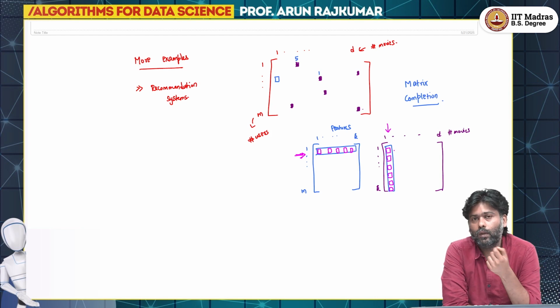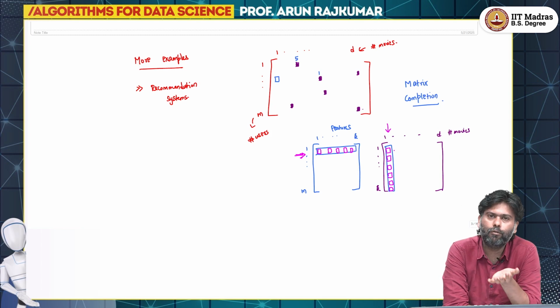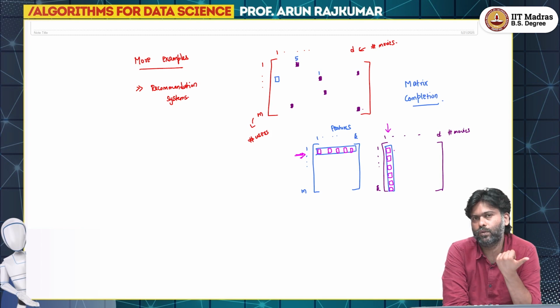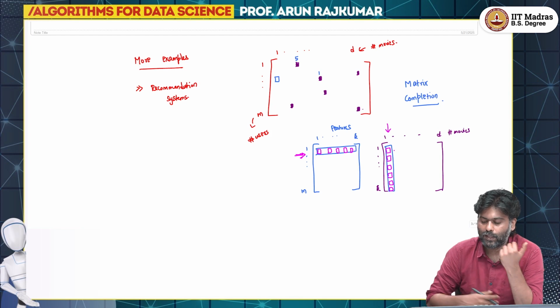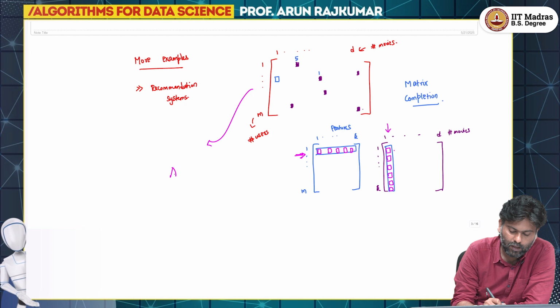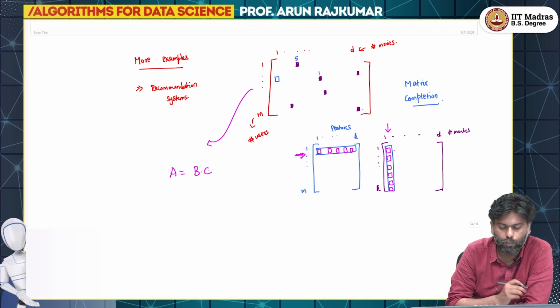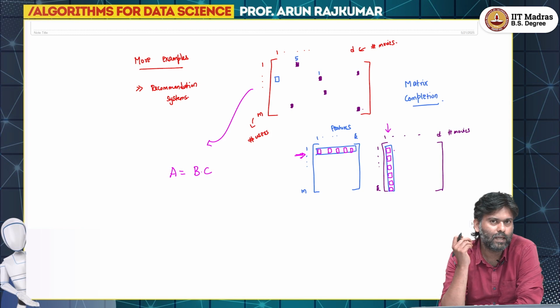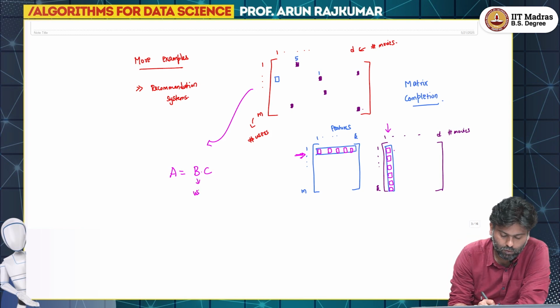Now though there may be 10,000 movies, there may be only 5 features based on which every user is rating these movies, which means that essentially we are saying, if this is our matrix A, I can break this matrix into B times C, where B is the user cross feature matrix and C is the feature cross movies matrix, right?